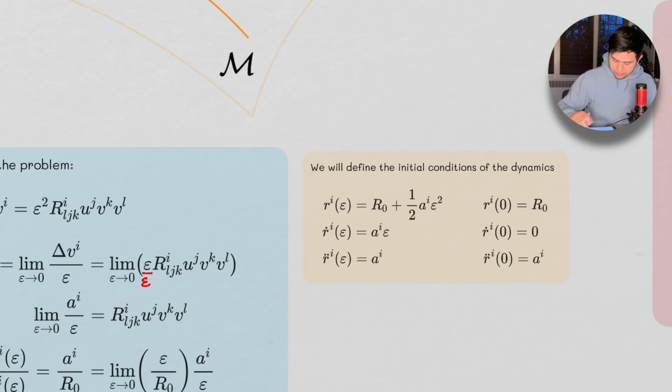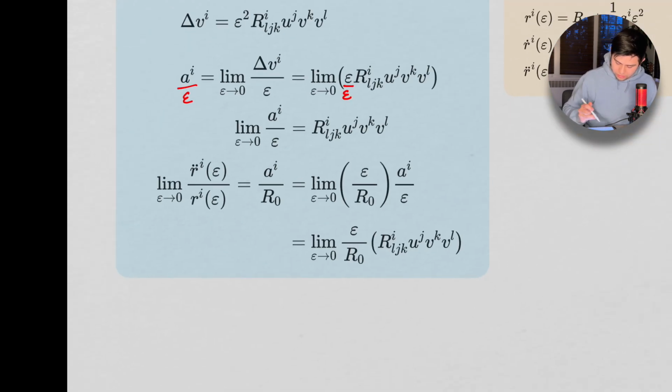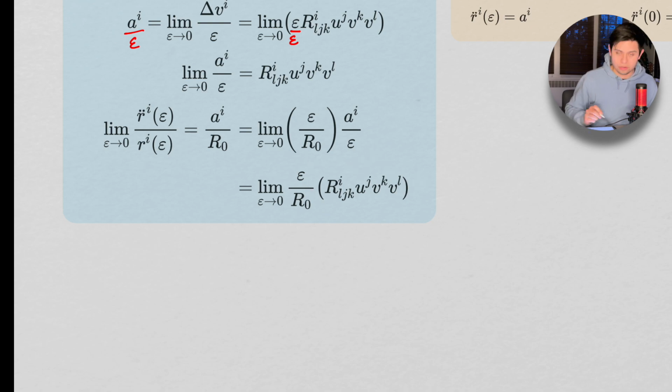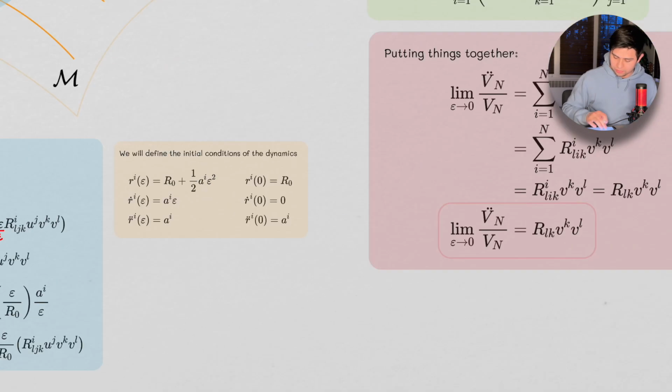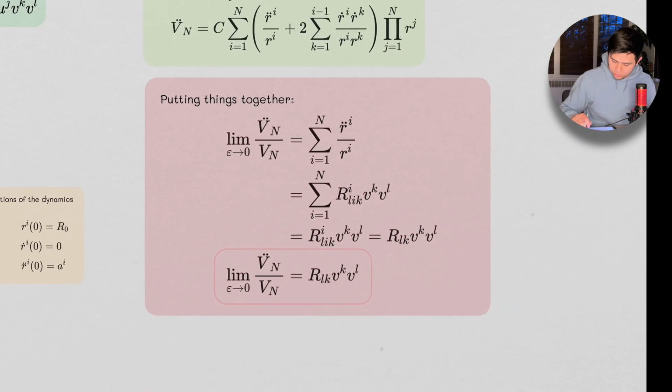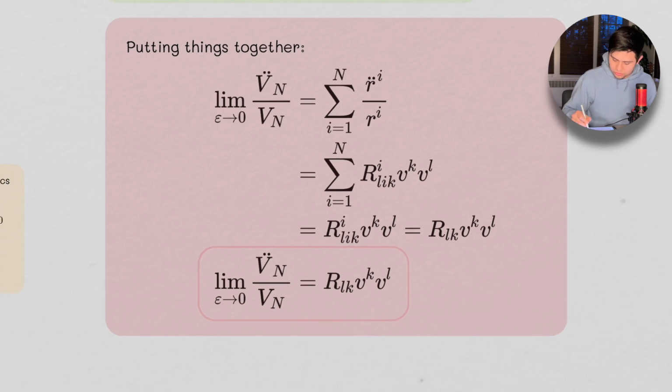We're saying that this is related to this, which is related to the Riemann curvature tensor. So putting things together, we said this was equal to this, which is equal to the Riemann curvature tensor.